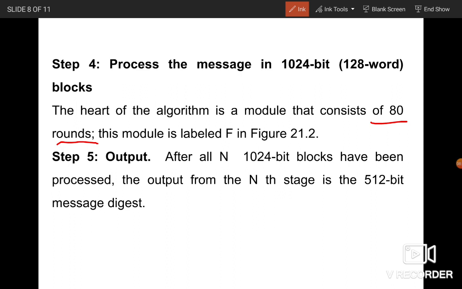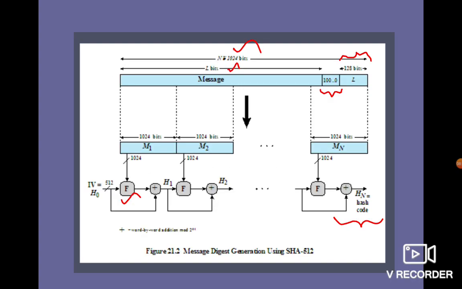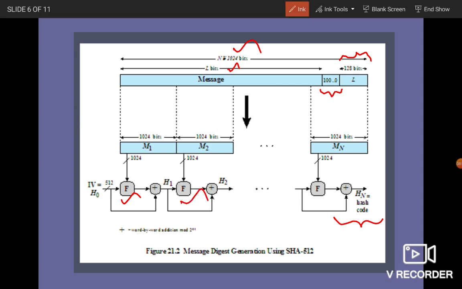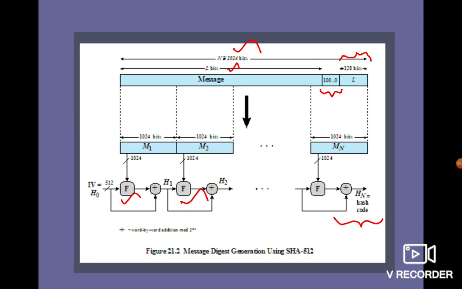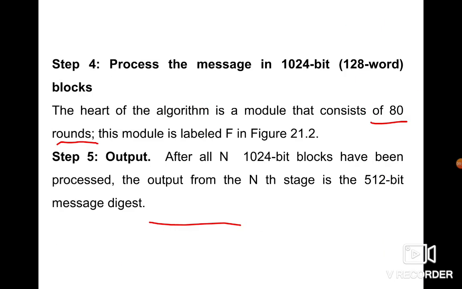It is the heart of the SHA algorithm, and this module is labeled as F. Finally, after all the n 1024 bit blocks have been processed, we get the final 512 bit message digest. So that's about the message digest generation using the SHA algorithm.